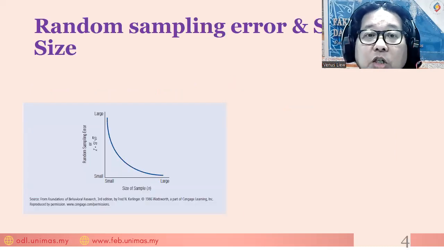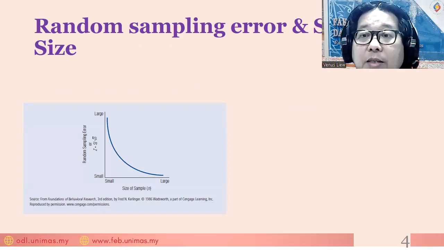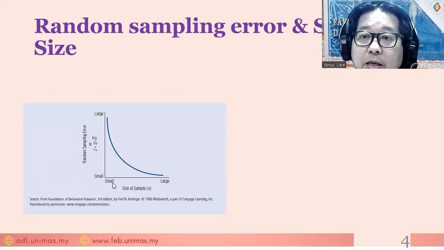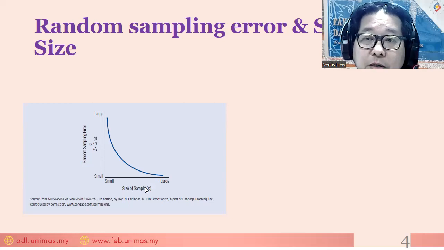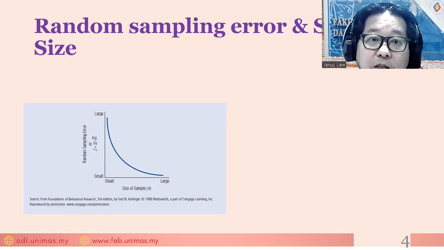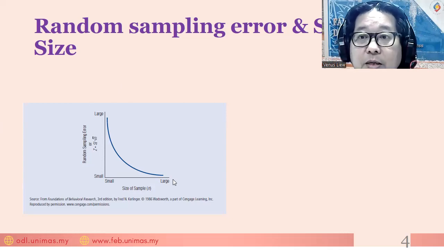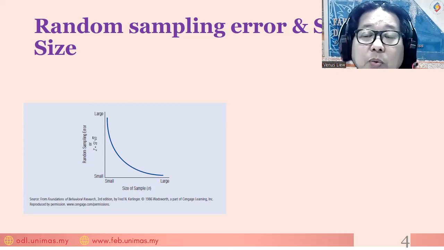Now there's a relationship between sampling error and sample size, which we can see from this graph, in which the y-axis represents the random sampling error, and the x-axis represents the sample size. We can see that in order to reduce the random sampling error, we have to increase the sample size. So that's the way to reduce the random sampling error.